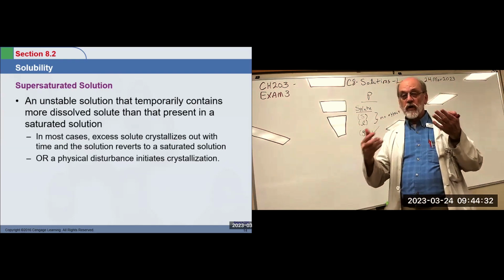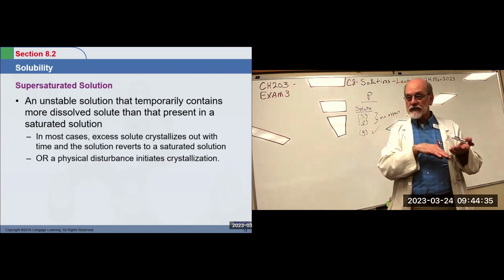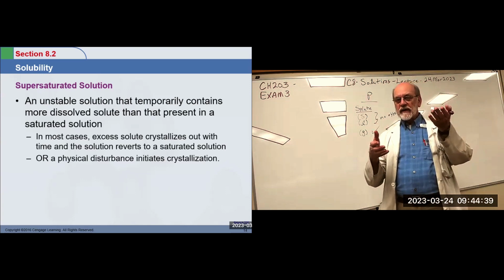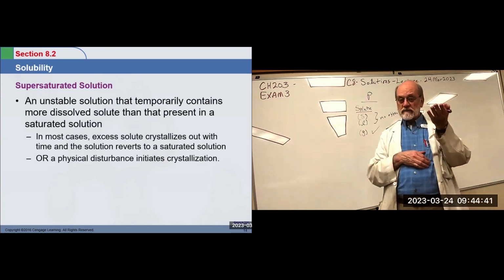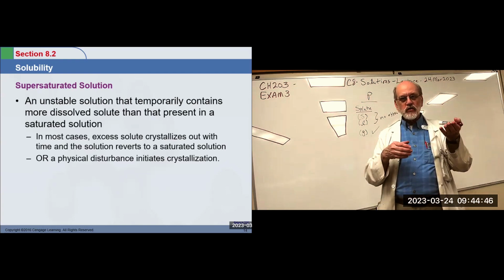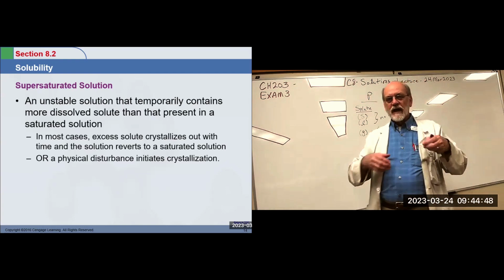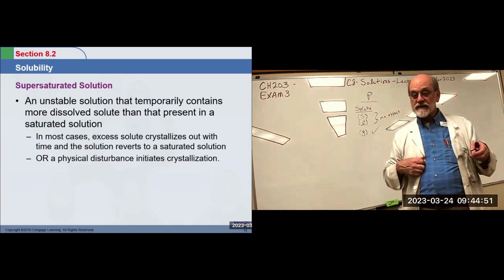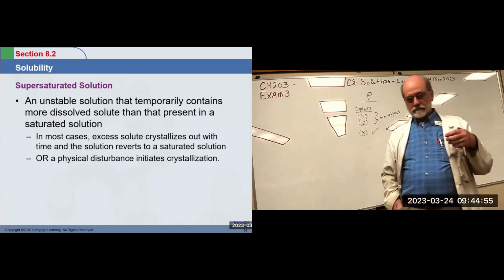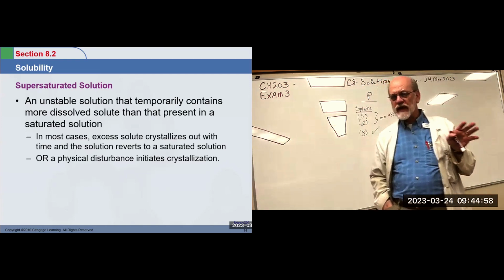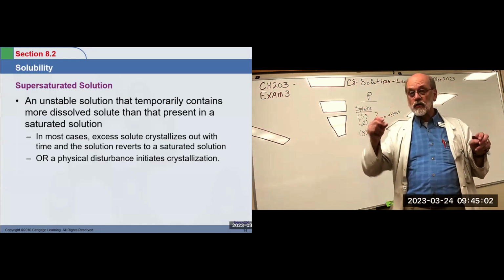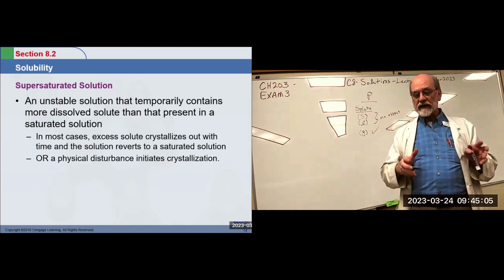mass of solute will go into 100 grams of solvent, say, let's just say water. So you heat it up, and that means that all of it will go into solution. Then you allow it undisturbed to gradually cool, and very often what you'll get is a supersaturated solution at room temperature. Now, all you have to do is disturb that solution, and the excess solute will come out of solution very quickly.